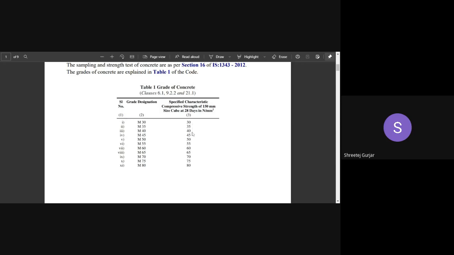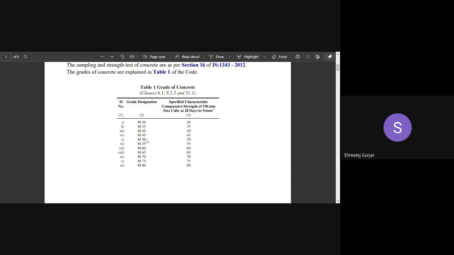Okay, and it goes on continuing up to M80. You can see the grade is going up to M80, which is very high. So M80, what is the characteristic strength? If the grade is designated as M80, it is 80 Newton per mm squared.